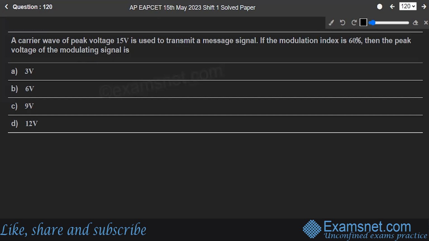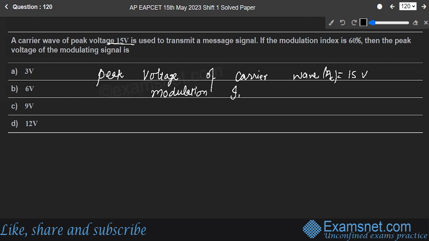Okay, so here you are given that the peak voltage of the carrier wave is 15 volt, and the modulation index is 60%.